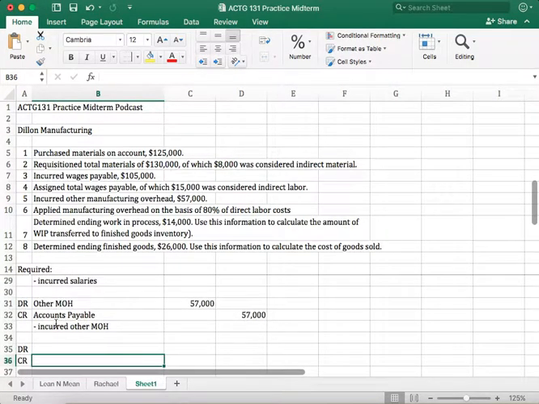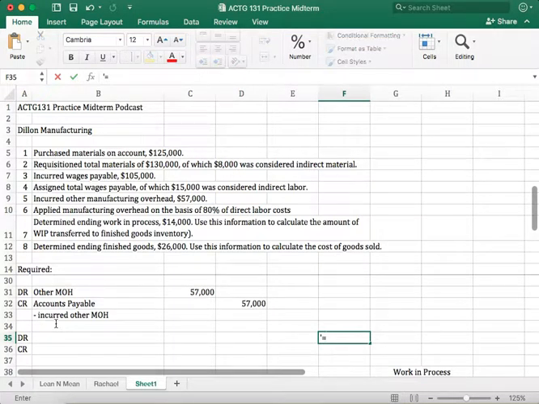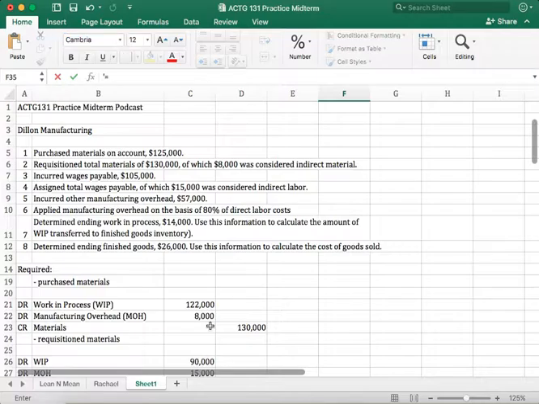Now, number 6, we're going to apply manufacturing overhead at a basis of 80% of the direct labor. So we're going to do a little calculation. Let's put it right here. We need to know what our direct labor costs were, and we go up to the journal entry in number 2.